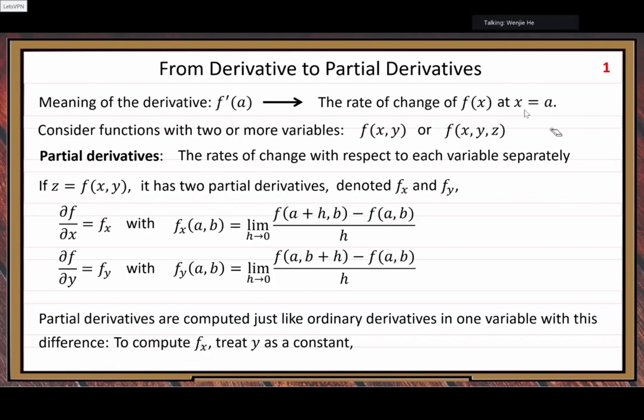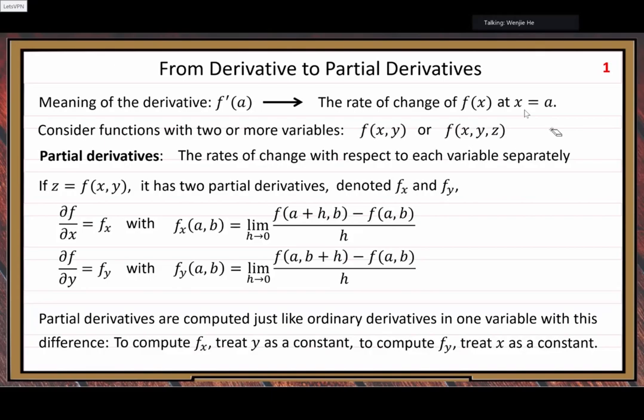Adapt your view to this special way. Similarly, when you compute f sub y, you treat x as a constant. Then it's just like ordinary derivatives, the same way as you calculate ordinary derivatives.